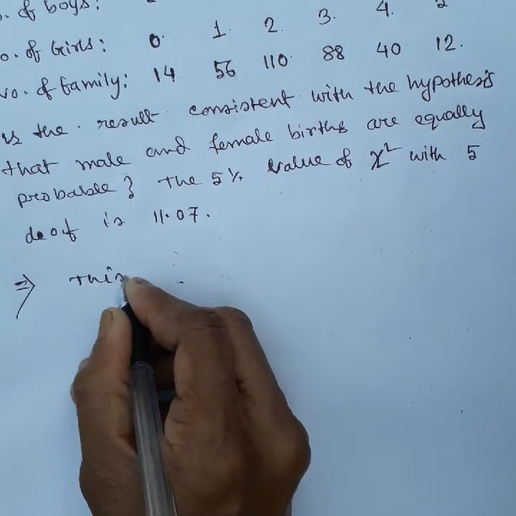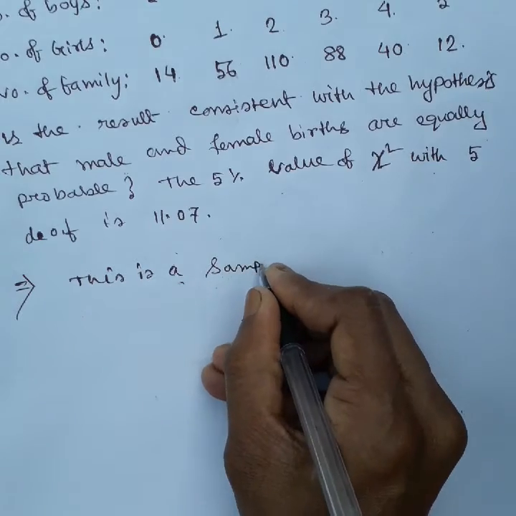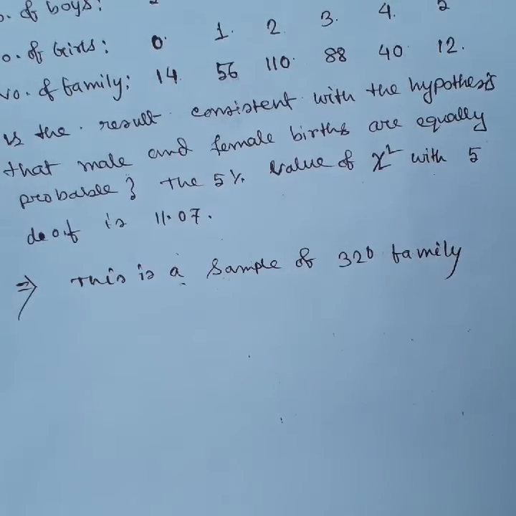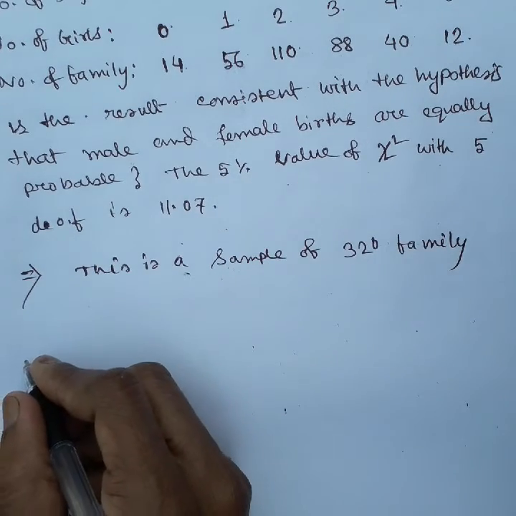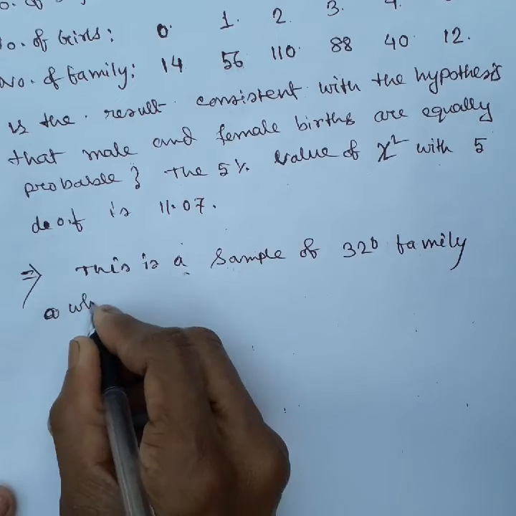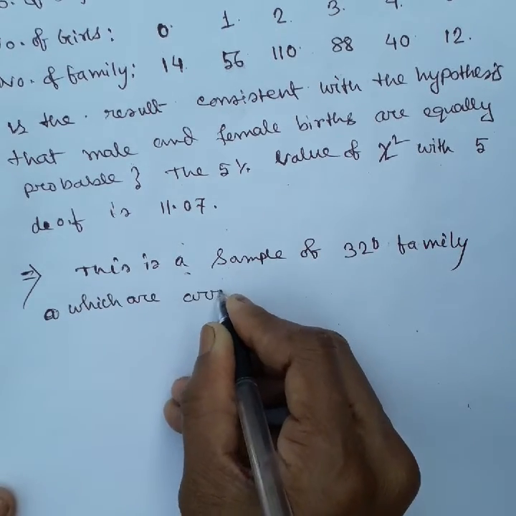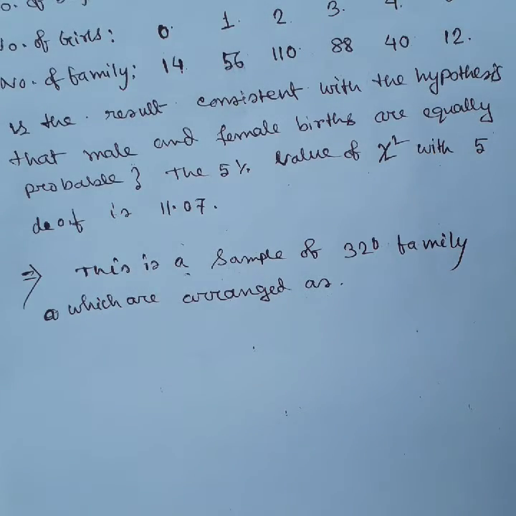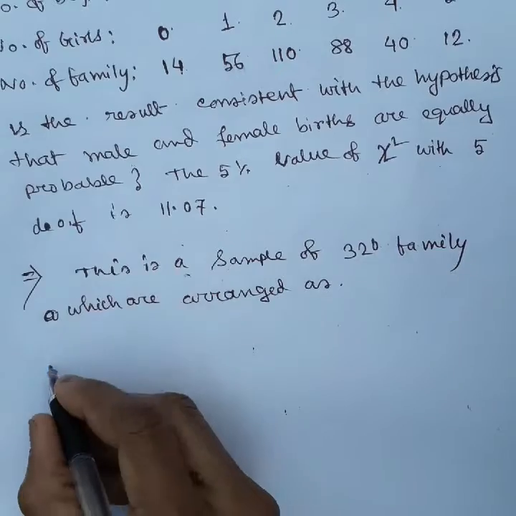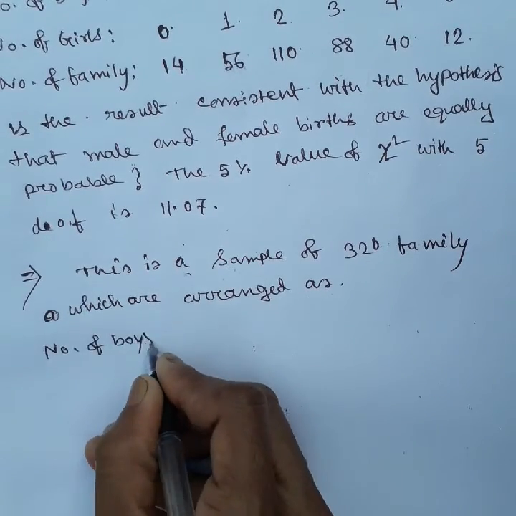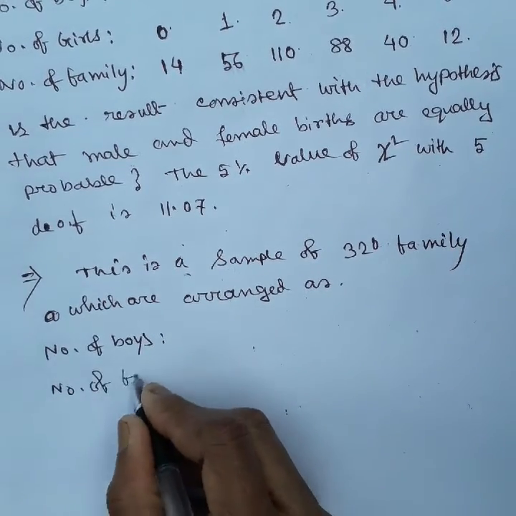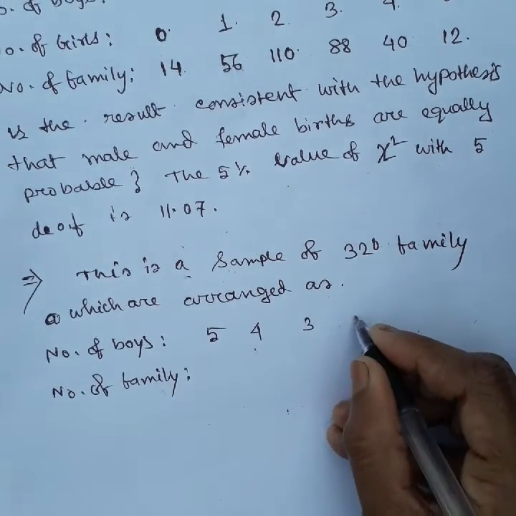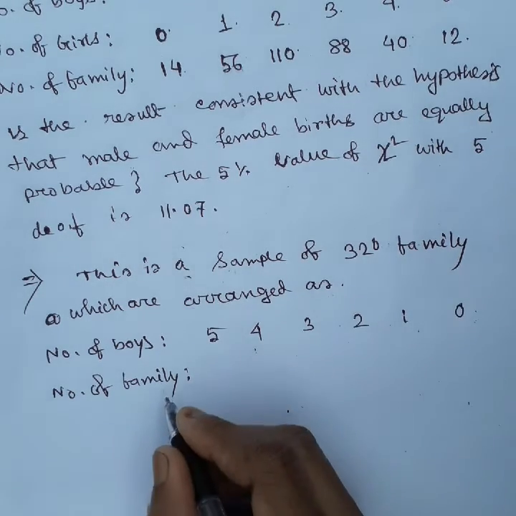this is a sample of 320 families, which are arranged as number of boys, number of families. 5, 4, 3, 2, 1, 0.